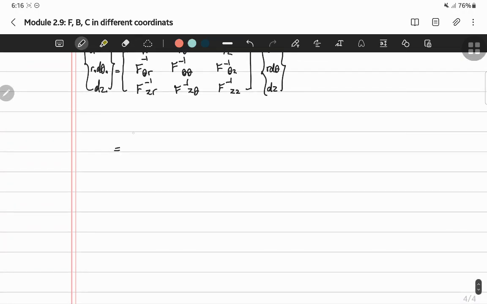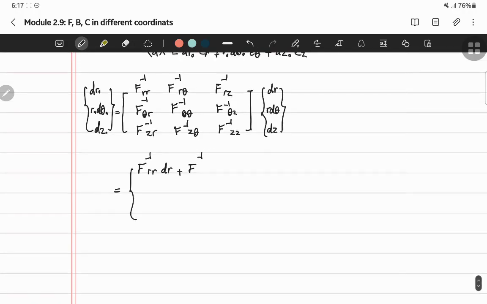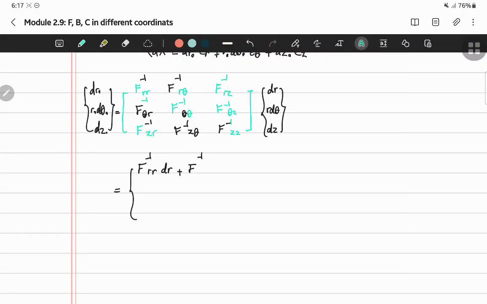This is equal to F inverse RR dr plus F inverse R theta r d theta plus F inverse RZ dz.